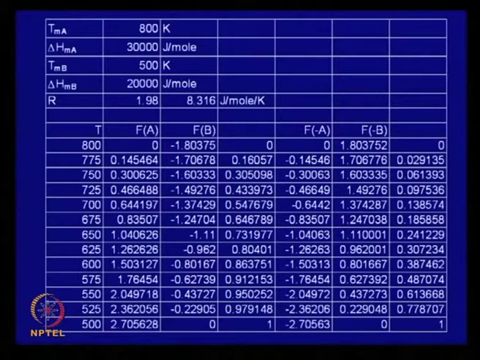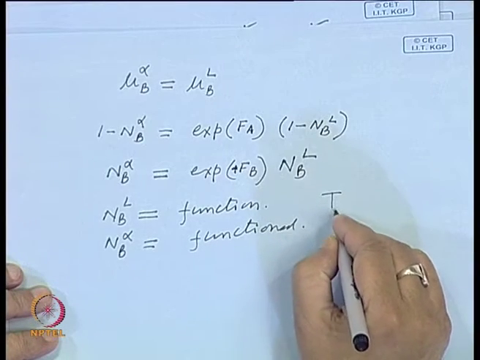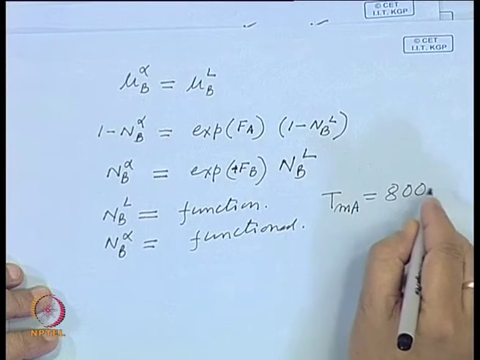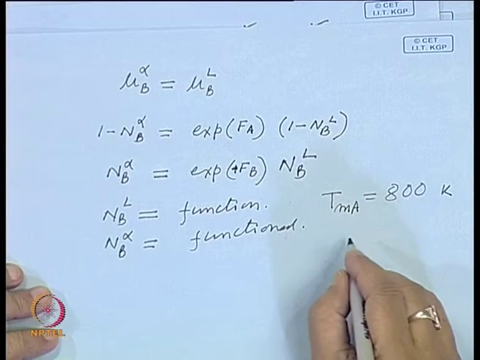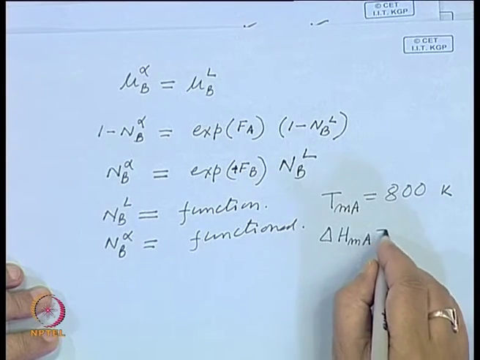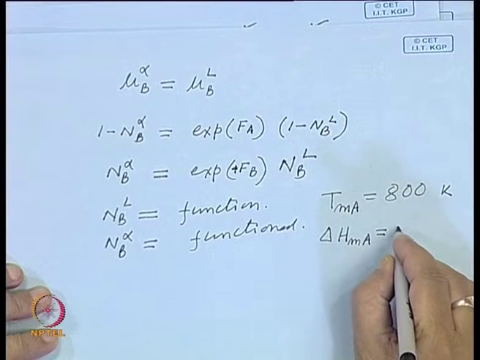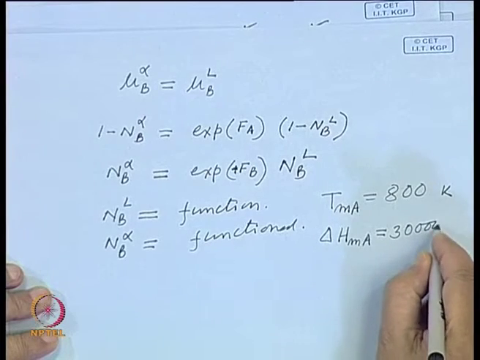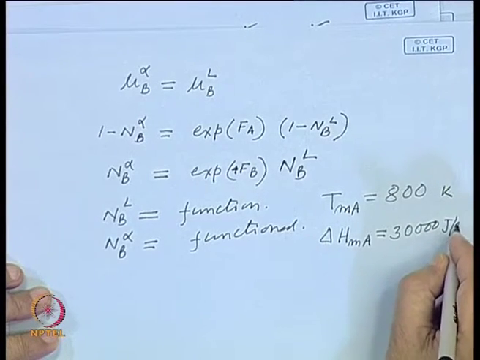So, these are the constants which are listed here. The melting point, what you need to know is the melting point, and let us say that the melting point of A is 800 degree Kelvin. Enthalpy of melting, this is 30,000 joule per mole.